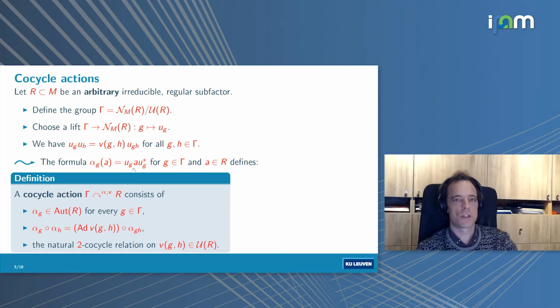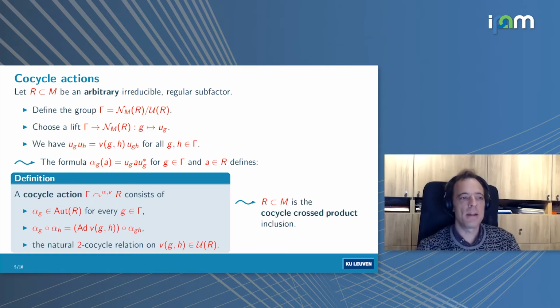And then if you just follow all the notations and definitions, you notice that every alpha_g is an automorphism. It's not exactly a group action because the composition of alpha_g and alpha_h will be alpha_{gh} up to an inner automorphism, namely the one implemented by v_{g,h}. I will not write the formula here. It's not clarifying. You have to sit down and write it. The v_{g,h}, of course, satisfy a natural two-cocycle formula.